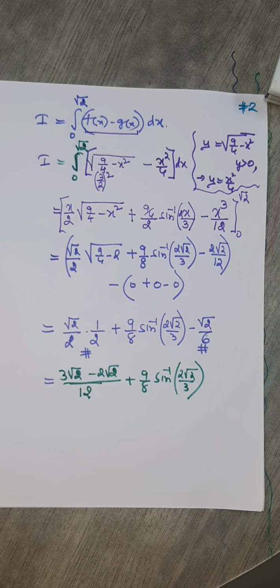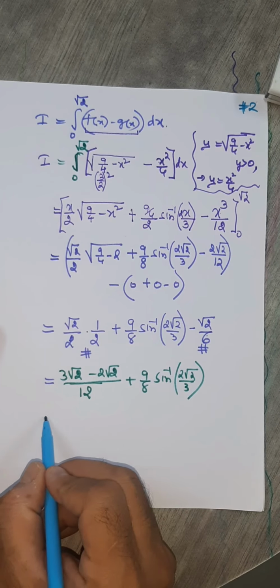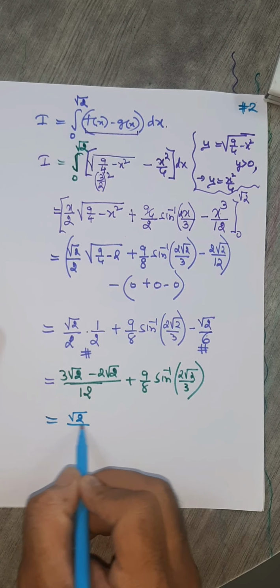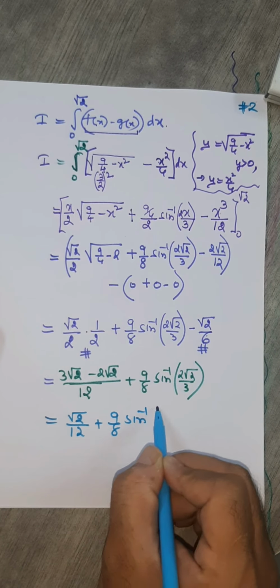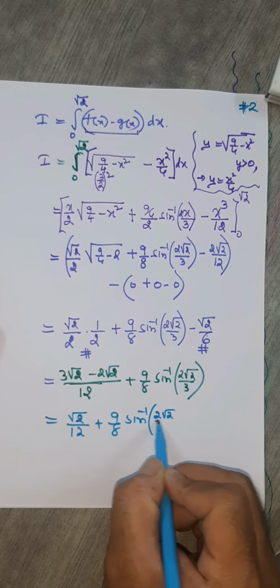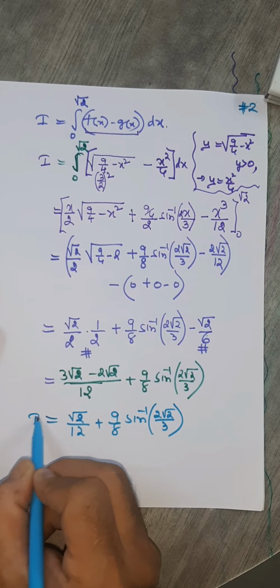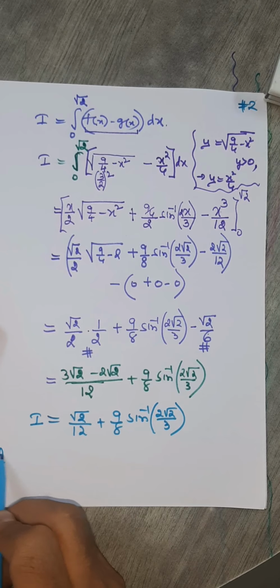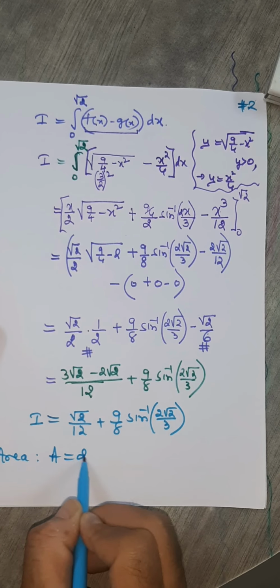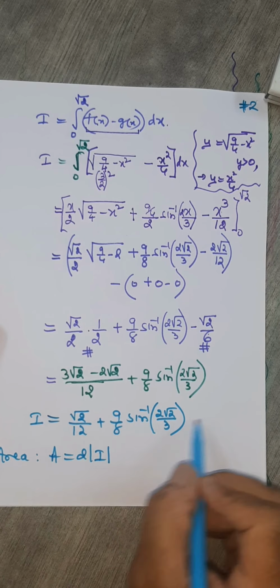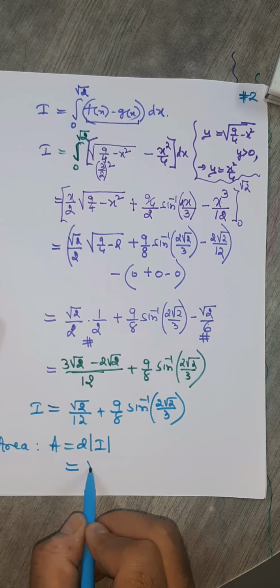So what we'll get from this? This is just root 2 by 12 plus 9/8 sine inverse 2 root 2 by 3. This is your I. So therefore the area, that is A equals 2 times modulus I. So you just need to multiply this with 2.